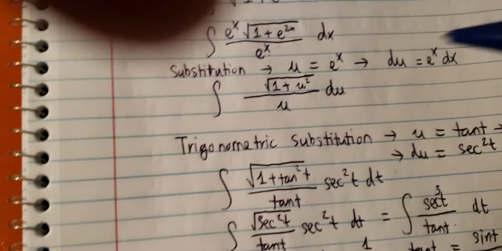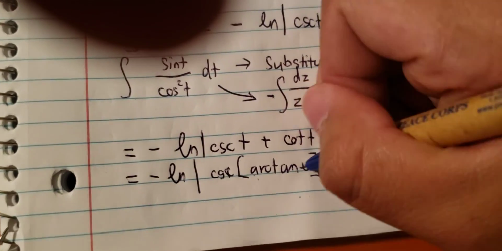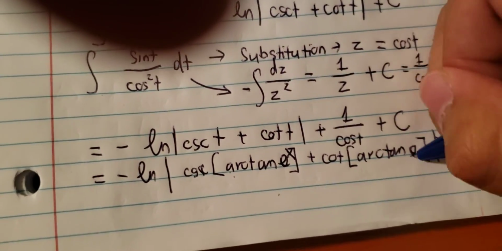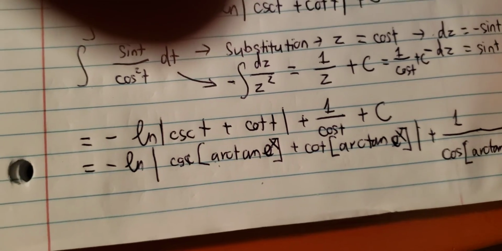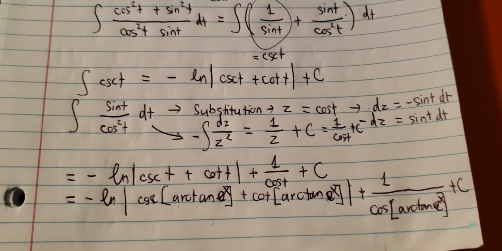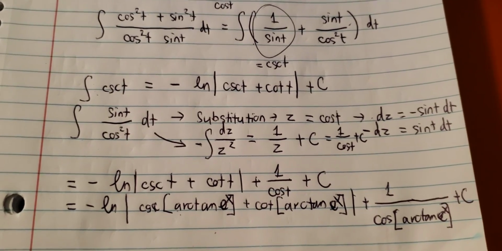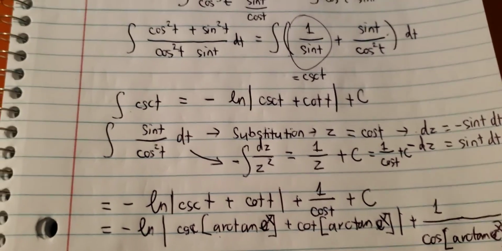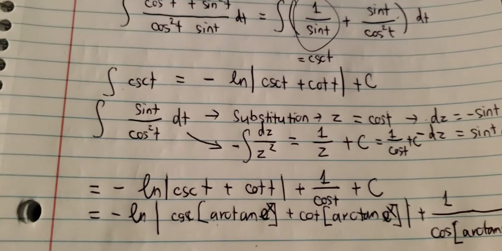About u, this is e to the power of s, so I just replace in here too. And this is the final answer. That's it, the end. Thank you for watching. Here is the full answer of the question in here.